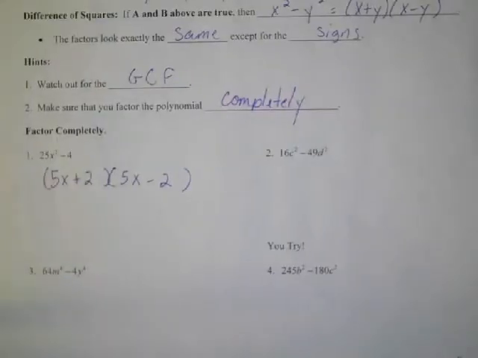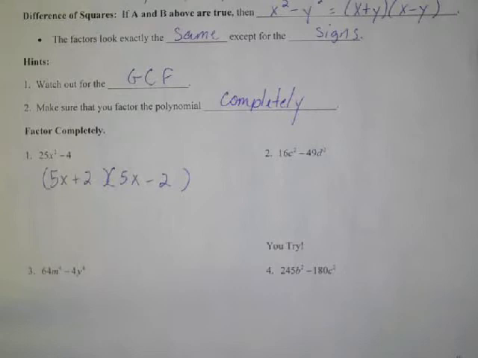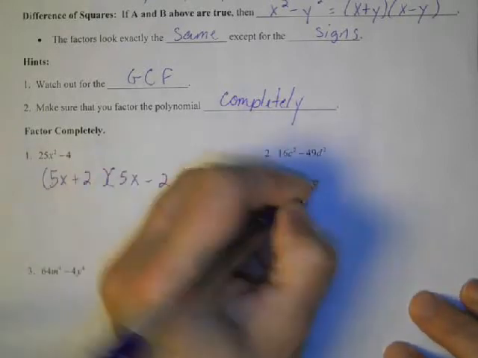Let's continue. The next one, 16c squared minus 49d squared. I see opposite signs and everything is a perfect square. No GCF, so I'm going to write two sets of parentheses.